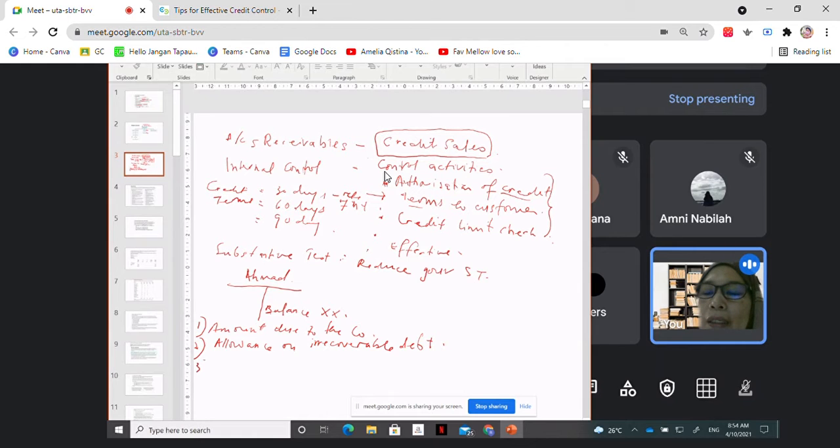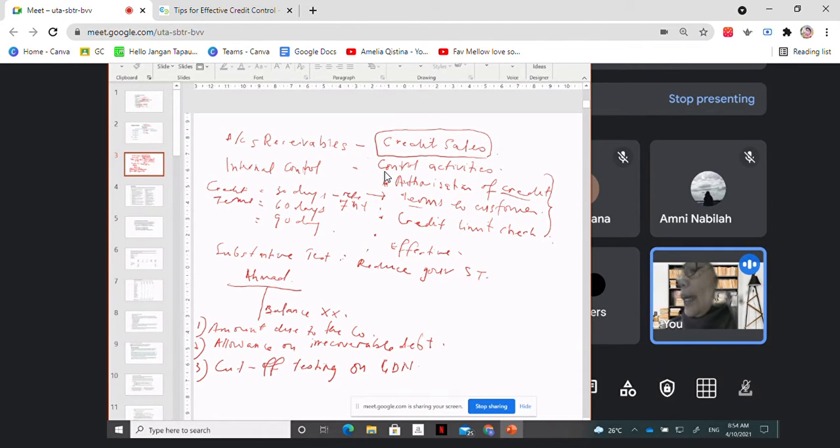The third one is cut off, goods dispatch and invoice. That is what you learned in sales transactions before, cut off testing on GDN, goods dispatch note.